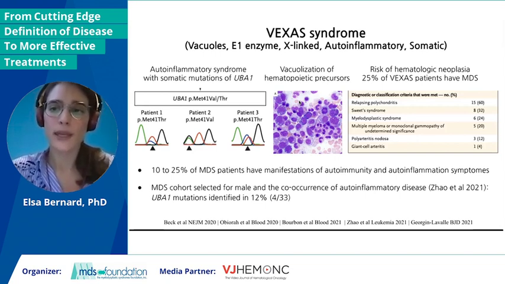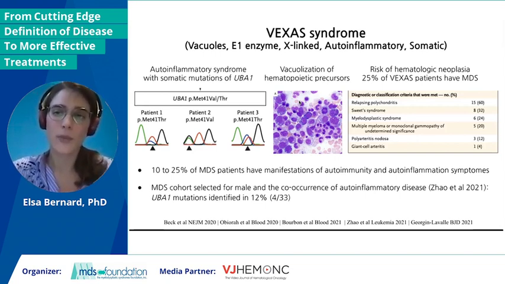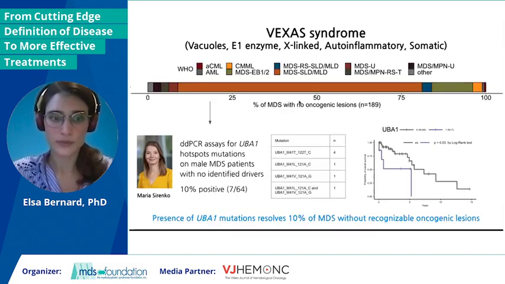Following the Beck et al. study, a couple of reports have shown that in MDS cohorts selecting for autoinflammatory disease, UBA1 mutation was found in about 10% of patients.